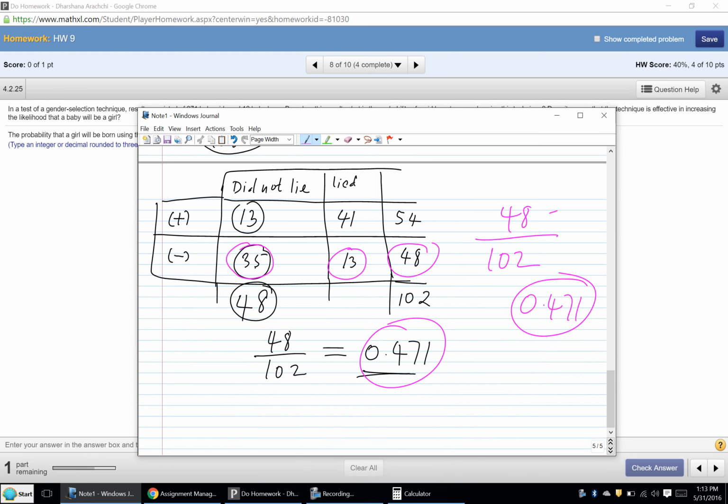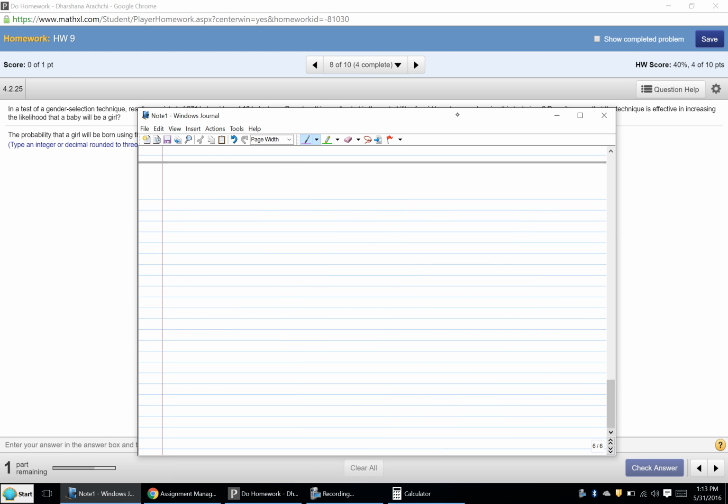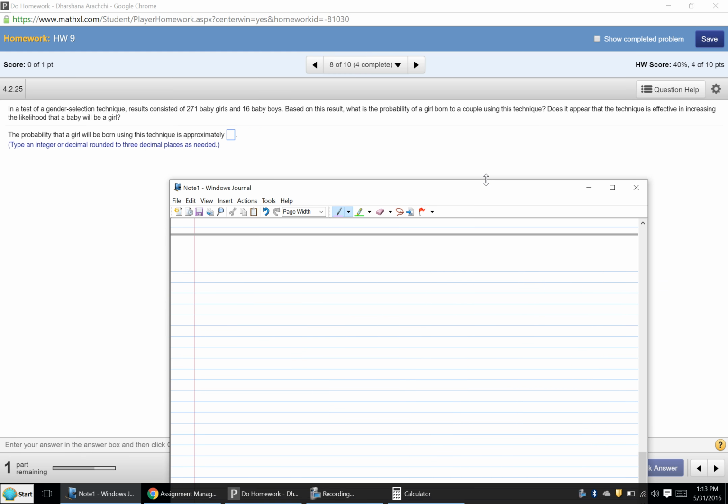Let me pick a page. It says that because of this technique they have resulted in 271 baby girls and how many baby boys? 16 baby boys.